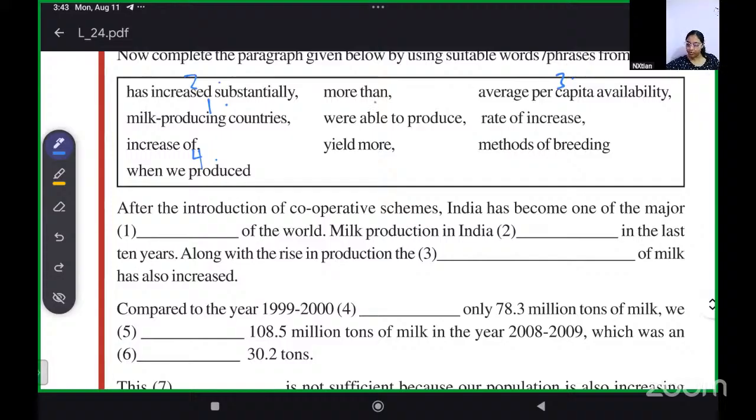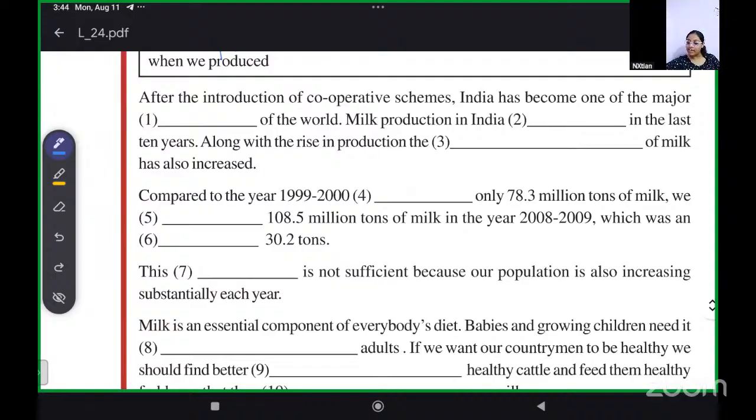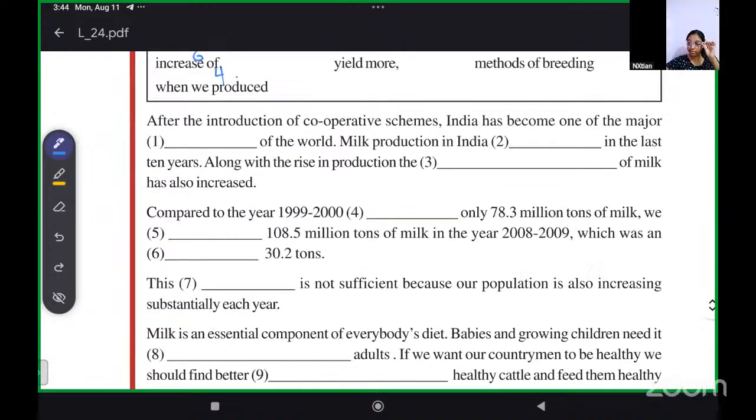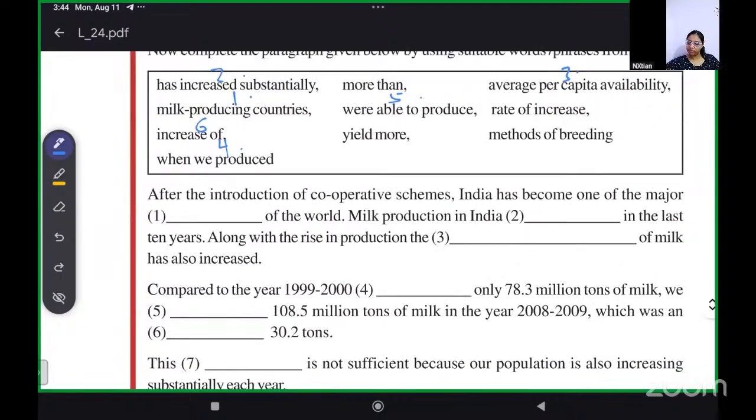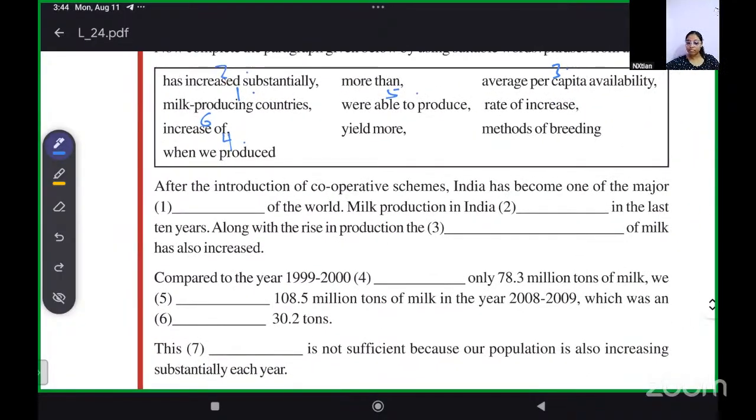Which was in dash 30.2 tons increase of. This dash is not sufficient because our population is also increasing substantially each year. Ma'am, I think it is rate of increase. Rate of increase.